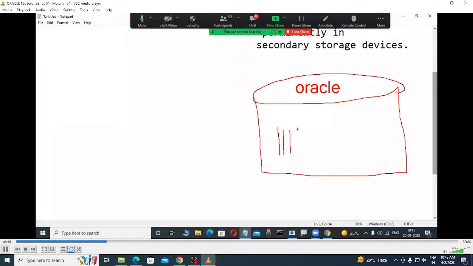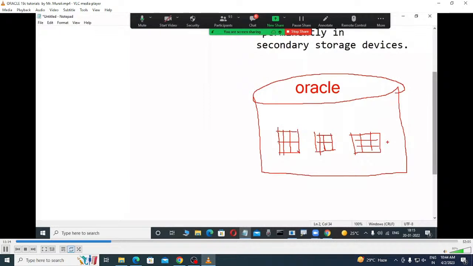Why? Because the relational data model was introduced in 1970 by E.F. Codd. He was basically a mathematician, so he decided to store data in the format of a matrix. Matrices are nothing but rows and columns, maybe you have an idea from mathematics. Similarly, here data is stored in a logical structure, in table format, in a structured manner.